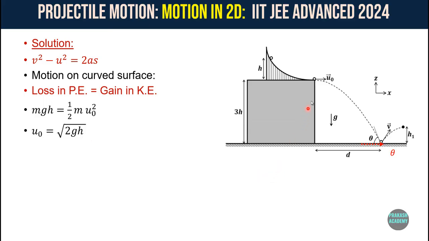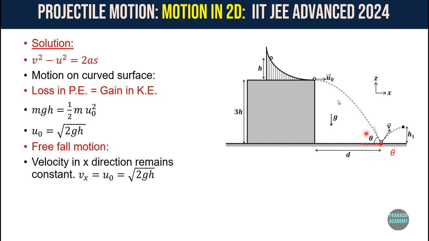Now let us consider the second part of the motion, that is free fall. Once this leaves this curved surface, it is going with a horizontal velocity, and we just calculated this velocity Vx, which is also equal to u naught, and this we calculated is equal to under root 2gh.